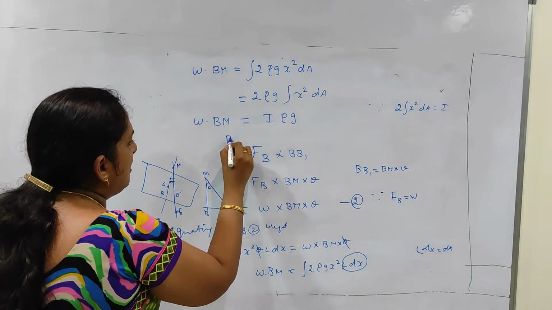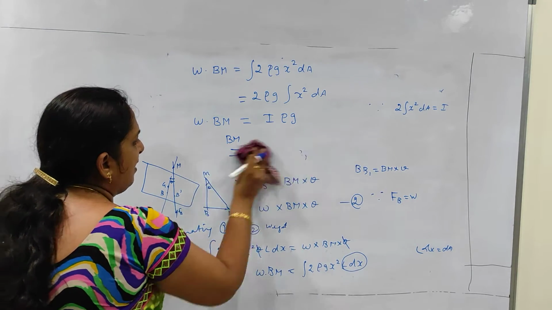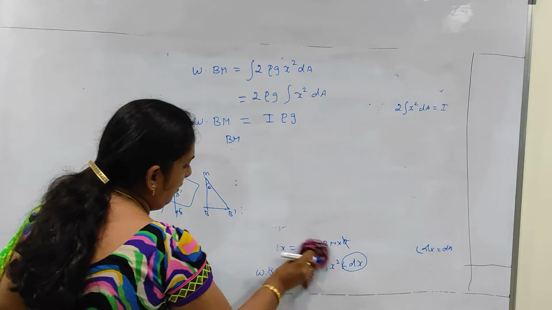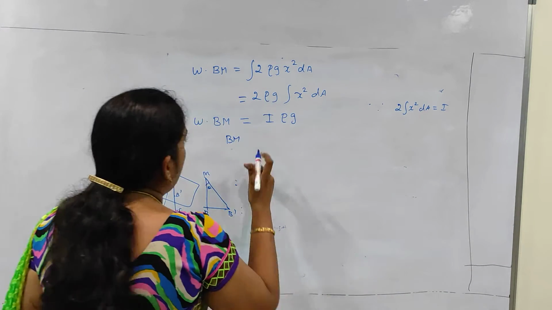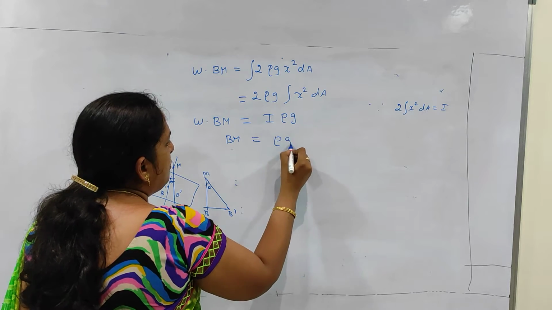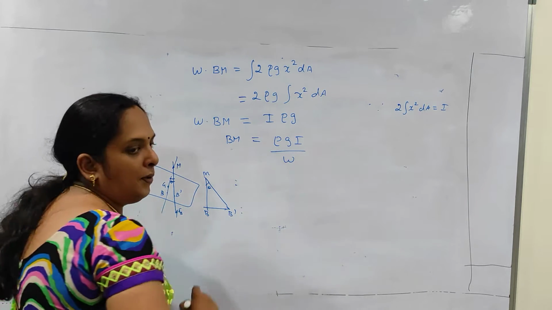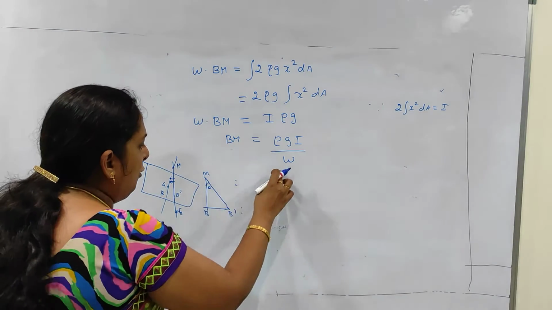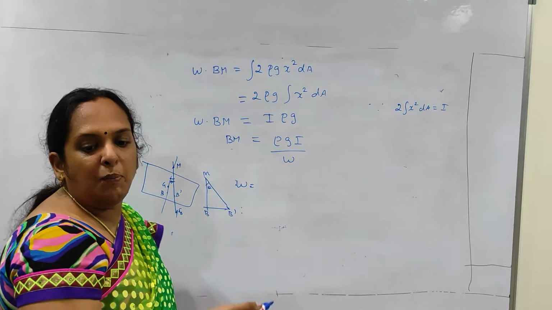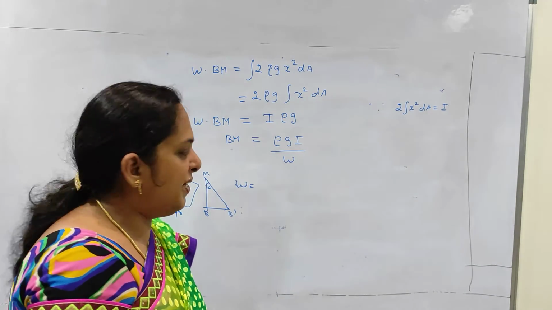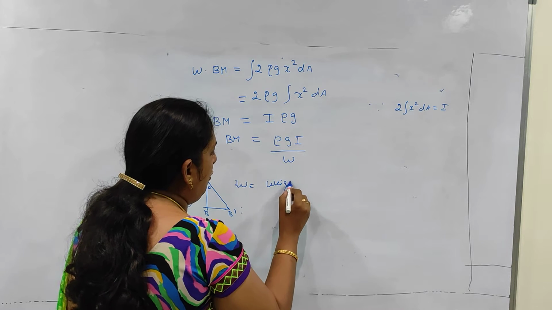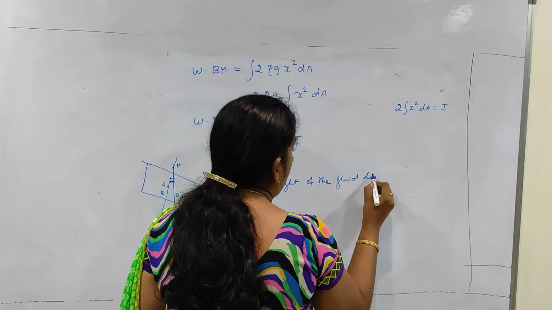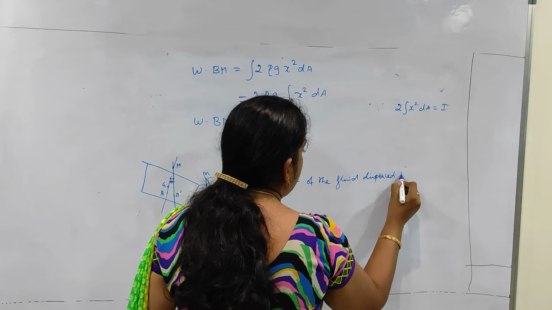Now what is BM from this equation? It's very easy. We can just take it out here. So BM from this equation is rho g I by W. But what is W? We know W is the weight of the body, or the weight of the fluid that is displaced by the body. So what is this weight of the fluid?